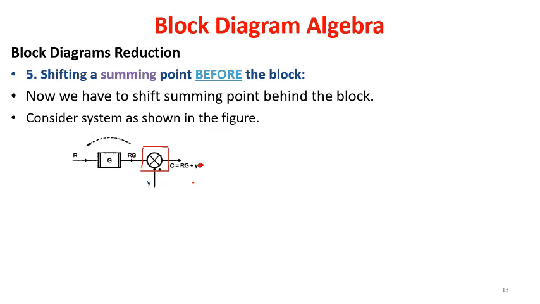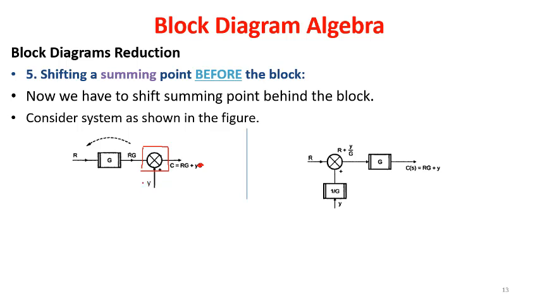Now, what is the need to shift this summing point before the block? Whenever we shift the summing point before the block, what alteration do we have to make? We have to bring an additional block, the same as the forward block but in reciprocal, that is 1 divided by G, in series with this particular summing point.